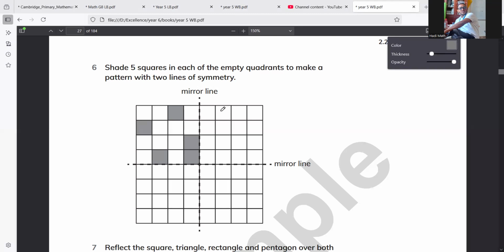So we go and shade this one over here. We shade this one so it could fold over that shape.